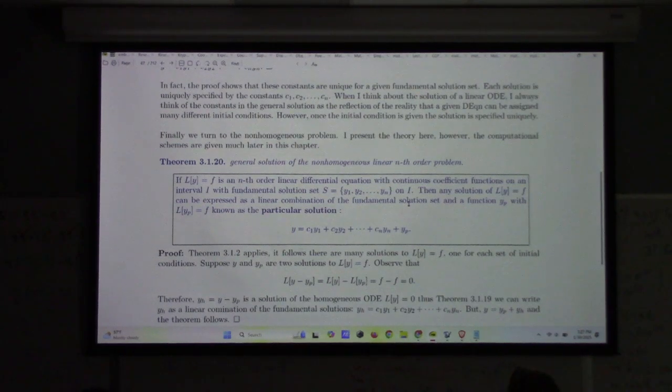the general solution to the nth order non-homogeneous linear problem: if we have L of y equals f as an nth order linear differential equation with continuous coefficient functions on interval I with fundamental solution set and so forth on I, then any solution of Ly equals f can be expressed as a linear combination of the fundamental solution set plus a second function, y sub p, known as the particular solution, and it has this form. This is what we saw in my example 1 for the nth derivative equal to e to the x.